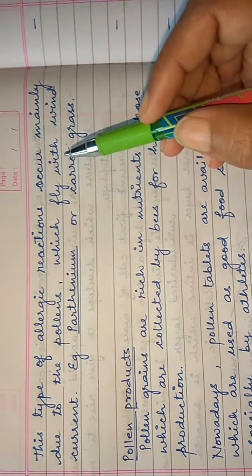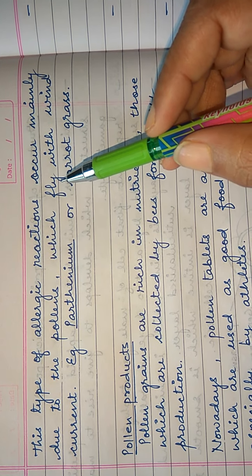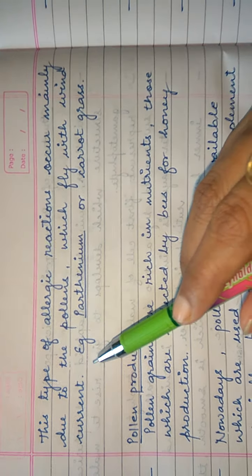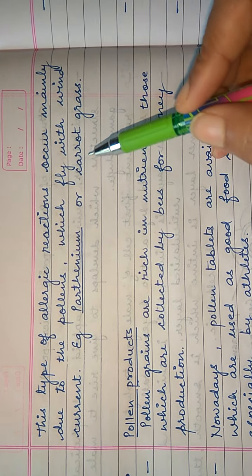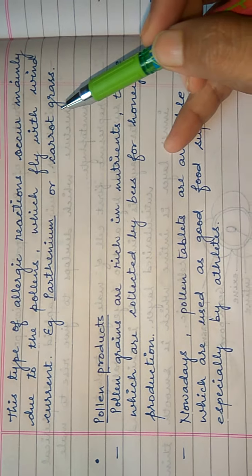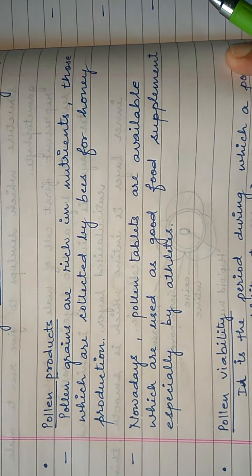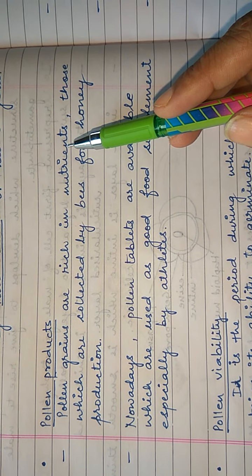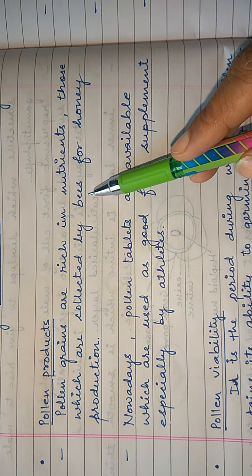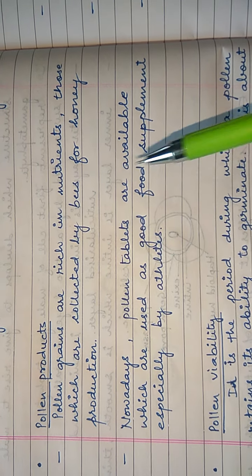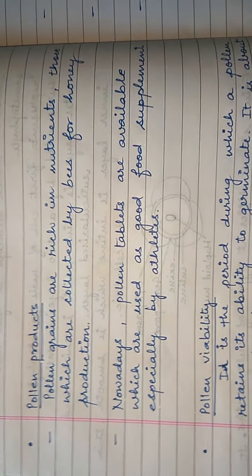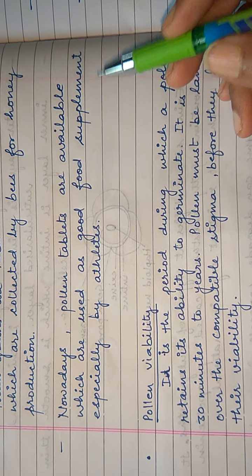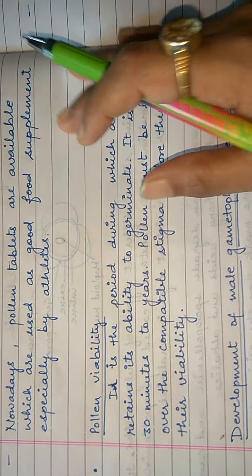It can be due to pollen which flies with wind currents. An example is Parthenium, also known as carrot grass. Now, some useful pollen products are also there, which are rich in nutrients, specially collected by bees for honey production. Nowadays, pollen tablets are also available as a food supplement, used mainly by athletes.